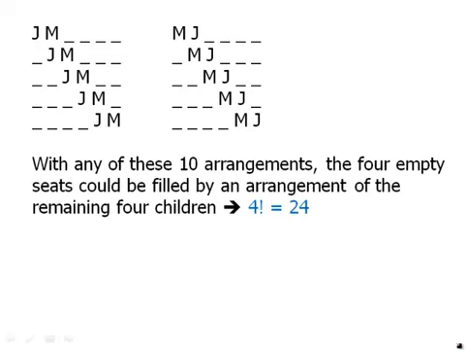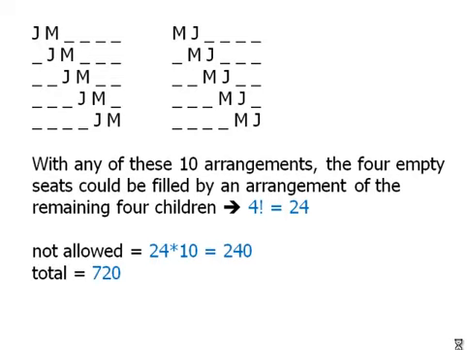With any of these 10 arrangements, the 4 empty seats could be filled by an arrangement of the remaining 4 children in 4 factorial ways. So the total number of arrangements that do not meet the restriction would be 10 times 24, which is 240. These are the arrangements that have Marilyn and Jackie sitting next to each other.